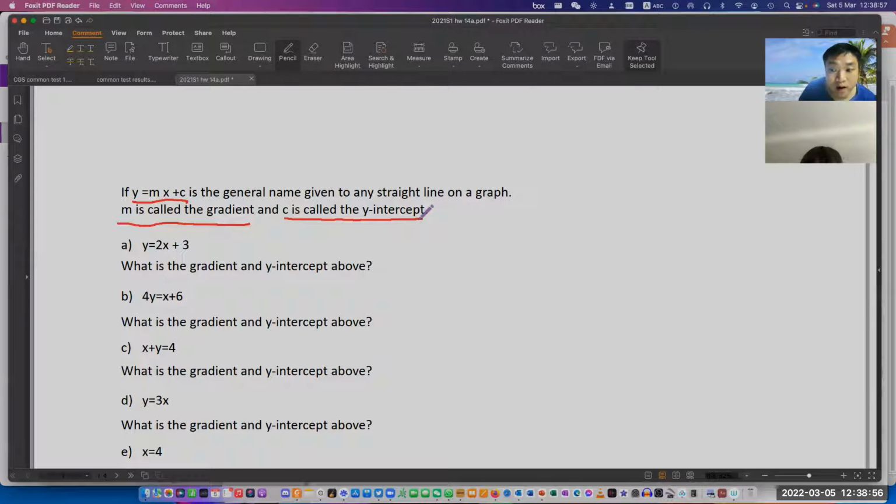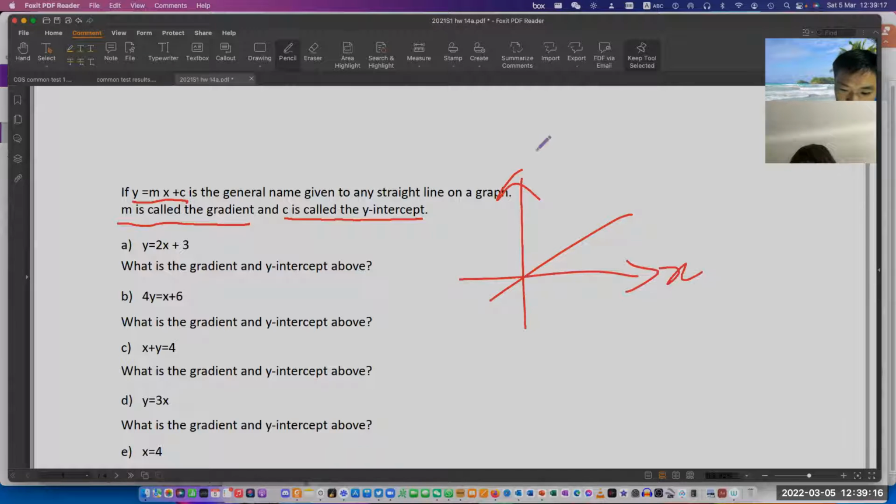Okay, so now we are actually moving forward. No more algebra manipulation. Now we are looking at graph questions. So every straight line in this x and y graph has a name. The name is in this format: y is equal to mx plus c.